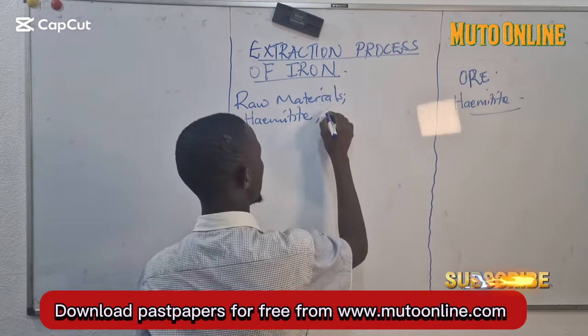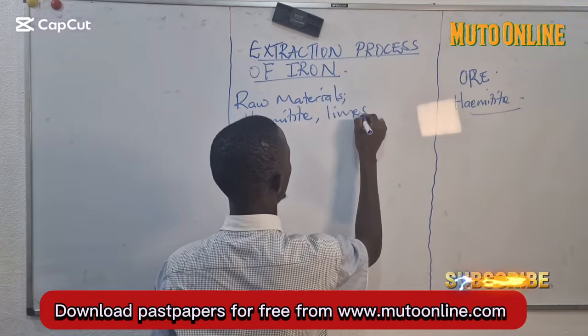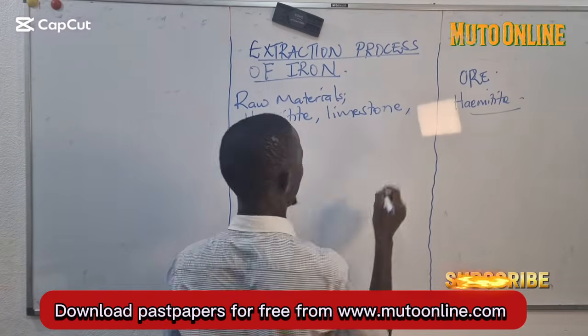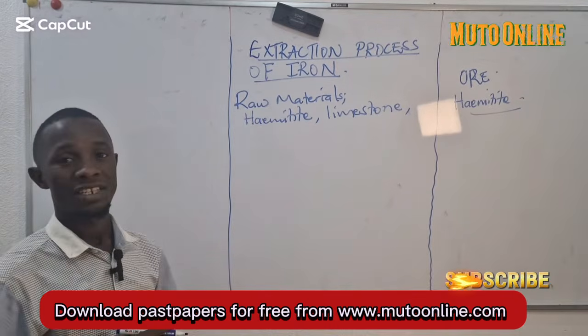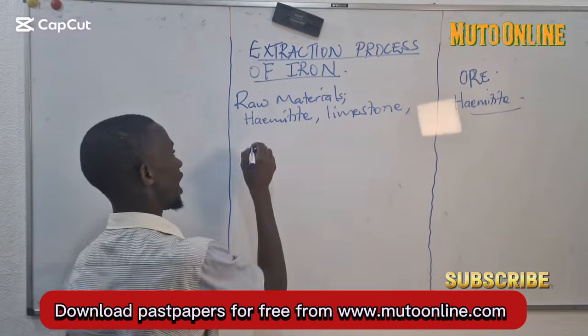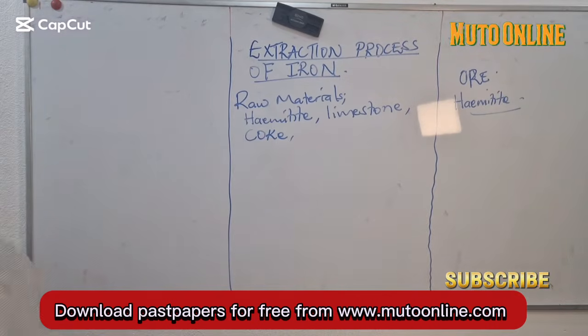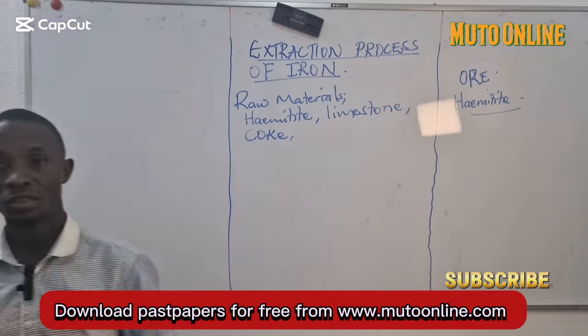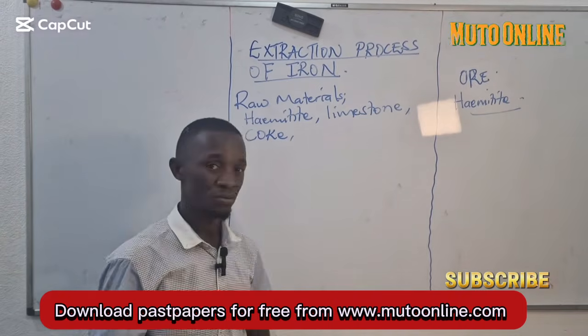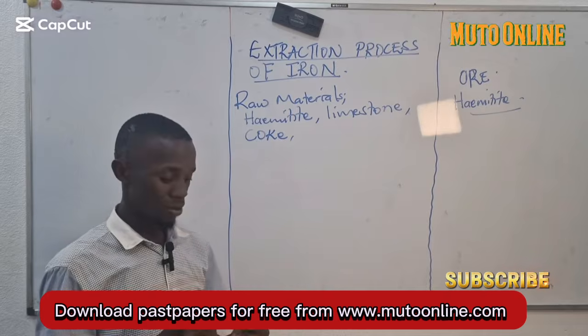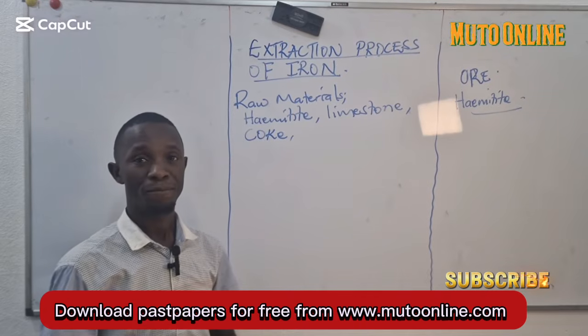We shall need the limestone, which is commonly known as calcium carbonate. We shall as well need coke, which is a carbon containing mineral, as the key raw materials.